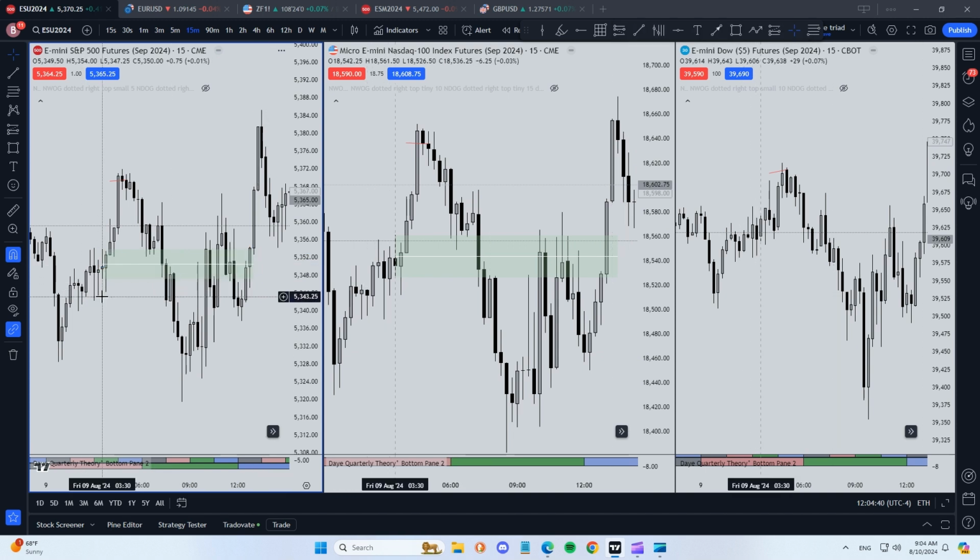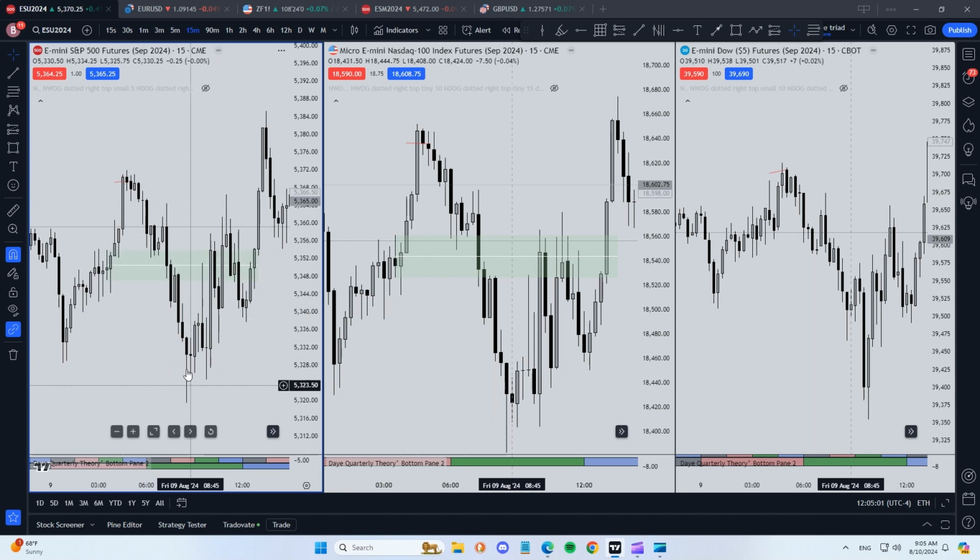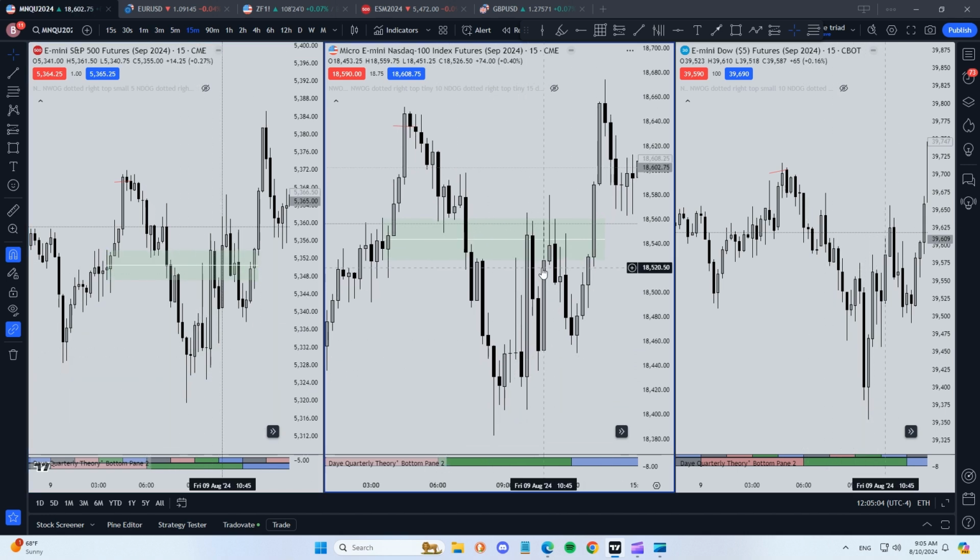You can see right here it was green on ES, red on NQ, and then price gravitated all the way up. That's what drove price to the high, but later we can use it on the downside to hold price lower, which you can see it did pretty well right here with the Nasdaq.